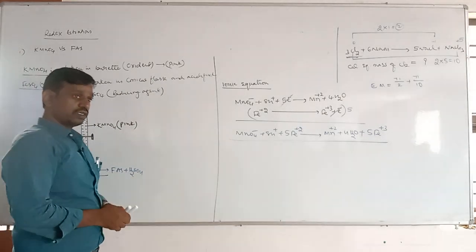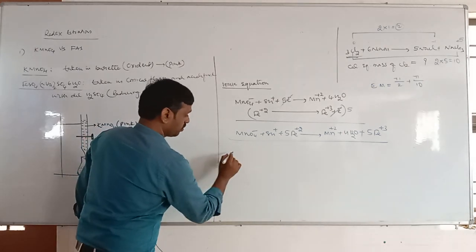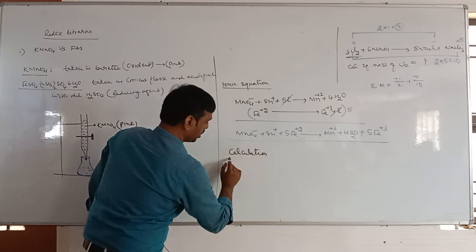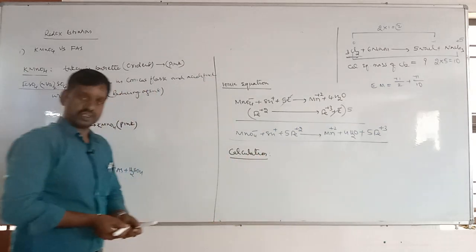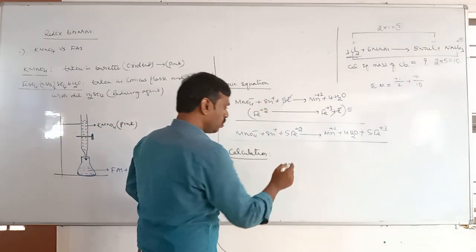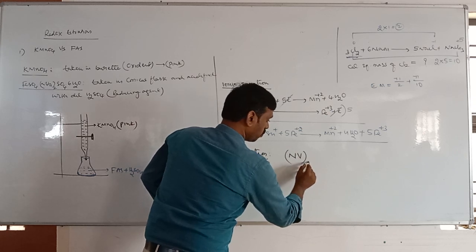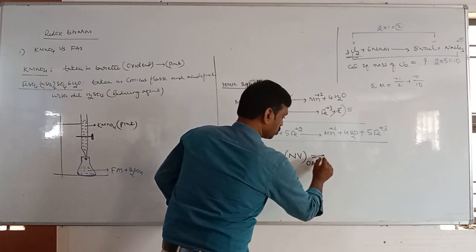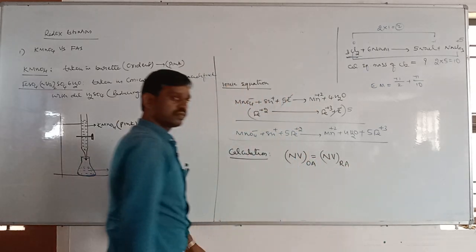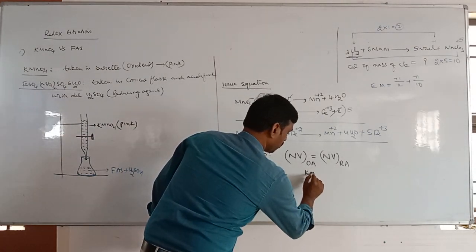Okay. Next, now what is the calculation? This is also something we have studied. In an oxidation reduction reaction, or when acid reacts with base, there is only one formula, N into V. N into V of oxidizing agent equals N into V of reducing agent. That's it. In place of oxidizing agent, you can take KMnO4.